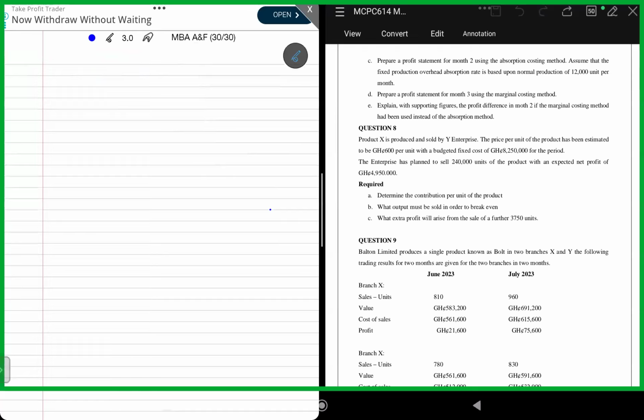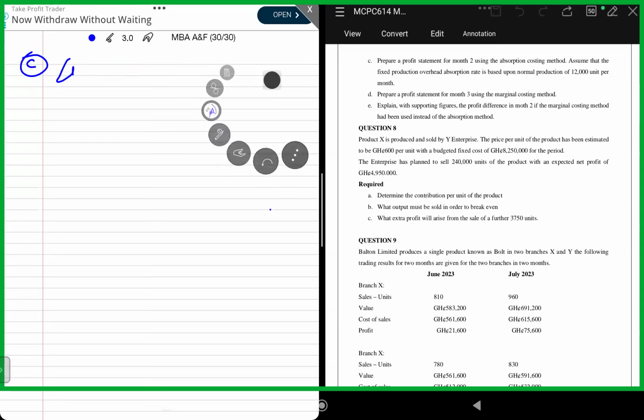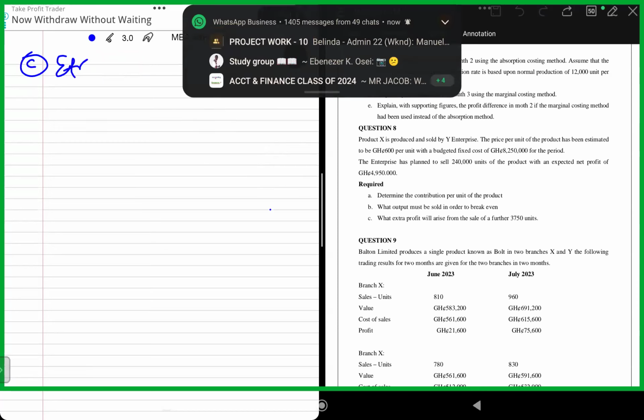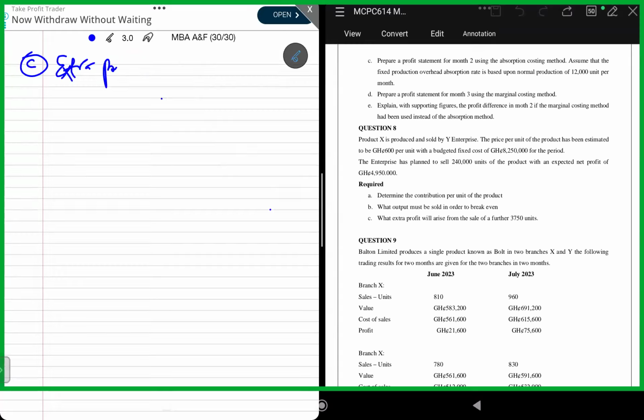Watch. So the C: what extra profit will arise from the sale of a further 3750? Are you good? So I can say that extra profit is simple. Extra profit will be... what is the budgeted profit? When you say budgeted profits, what is the use of budgeted profits?